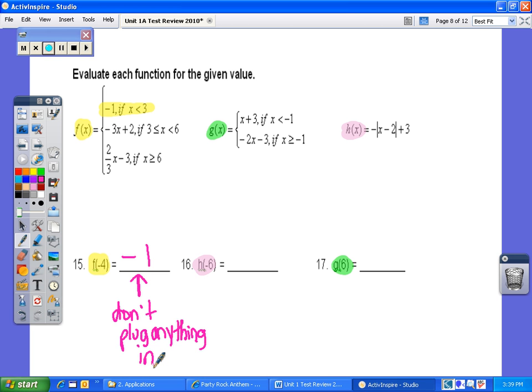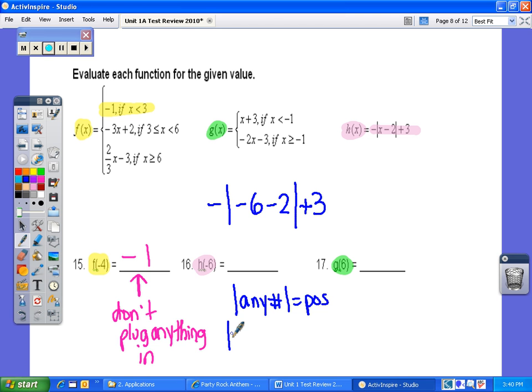Okay, the next one is h of -6. So we're going to plug in -6 into this equation. So what you're going to do is plug in, keep the negative on the outside, plug in -6 in for x, close the bracket, and then plus 3. What you have to remember about absolute value is absolute value takes any number and makes it positive.